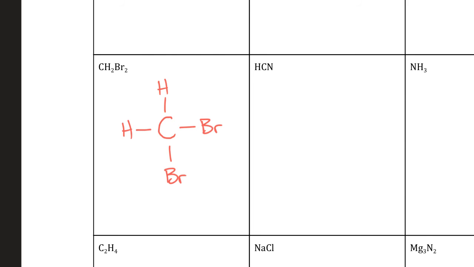So carbon has 4 valence electrons. It already satisfies the octet rule here because 4 times 2 is 8. Hydrogens are satisfied. Let's look at the bromines. Okay, so it's got 7 valence electrons. So 1, 2, 3, 4, 5, 6, 7, and 1 more that's shared. That makes 8. So that's perfect.